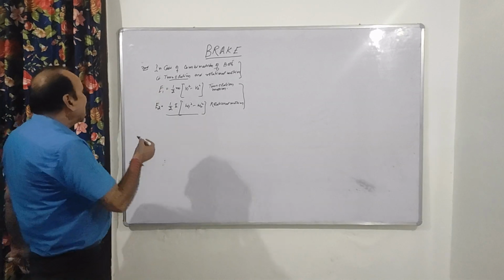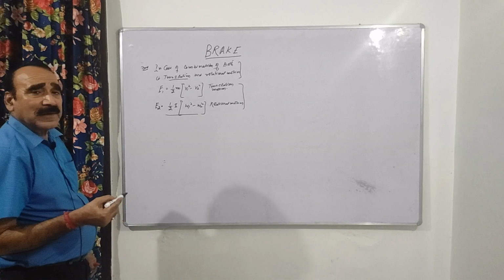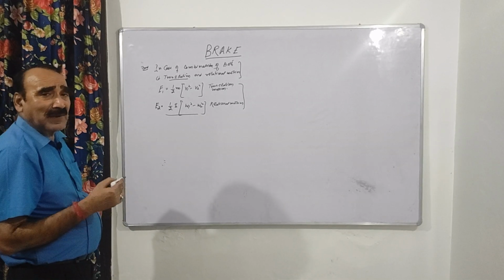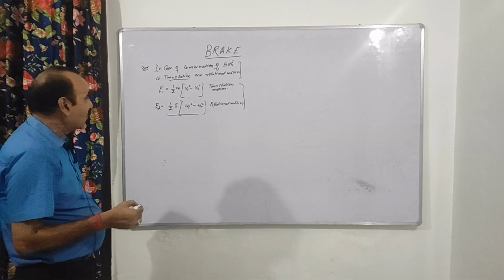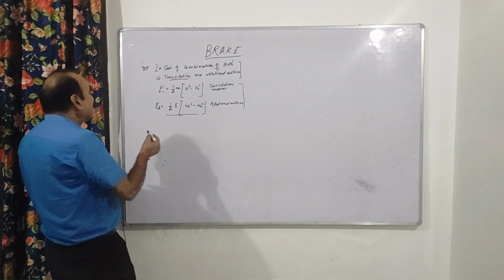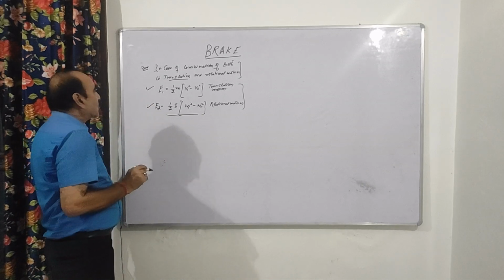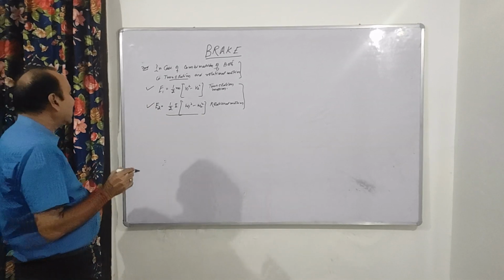So in this case both motions are there, and when we apply the brake, the body is made to stop in the translatory motion as well as in the rotational motion of the wheel. So in this case, the total change in energy is how much?